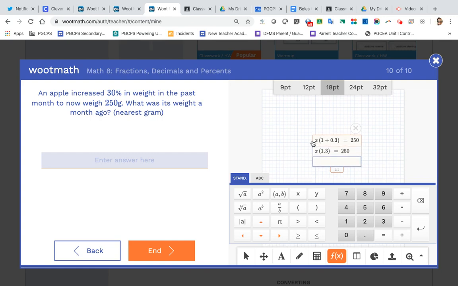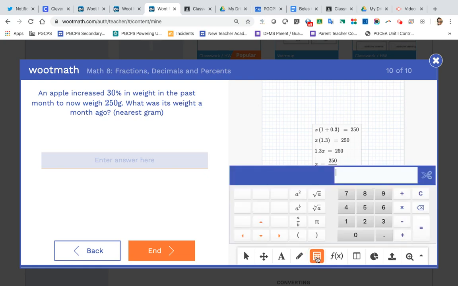Then I'm going to switch it around to make it easier to see. And what's going to happen is I'm going to get X is equal to 250 over 1.3, which is the division property of equality.